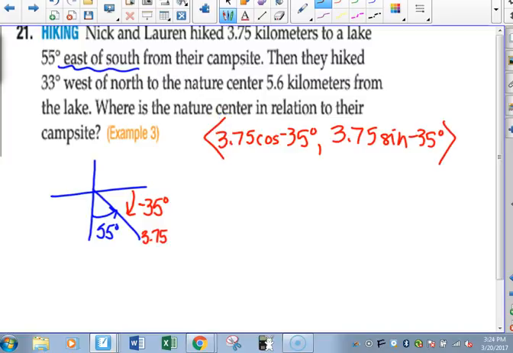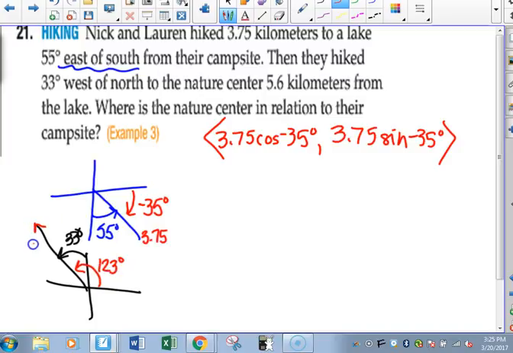All right, second half of the story. Then they hiked 33 degrees west of north, so this way, 33 degrees for some distance. What angle are we going to use on that one? 90 plus 33, which is 123.